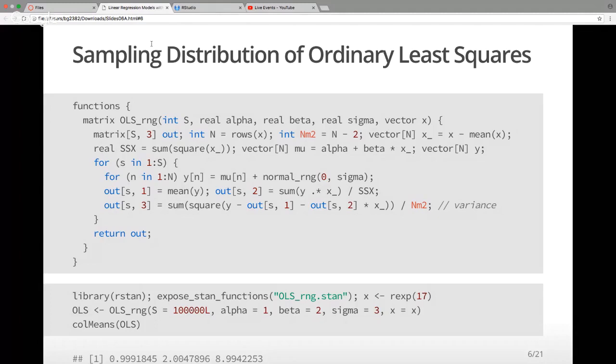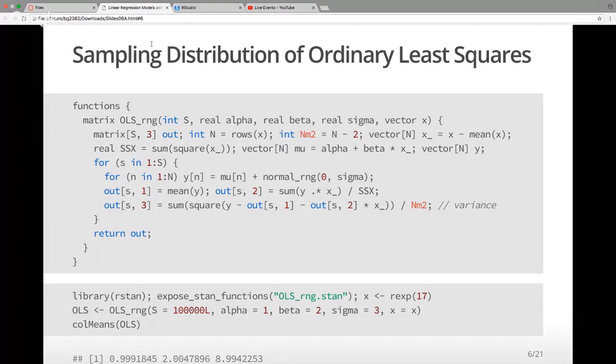So we get all this, and this tells us a probability distribution for the OLS estimator across realizations of y. And so we run it like 100,000 times, we take the average down the columns of the matrix that gets returned, and you can see that this is not bad by frequentist standards.